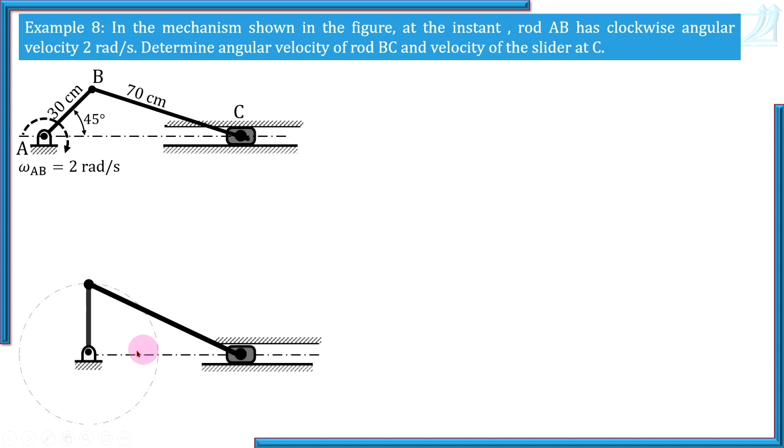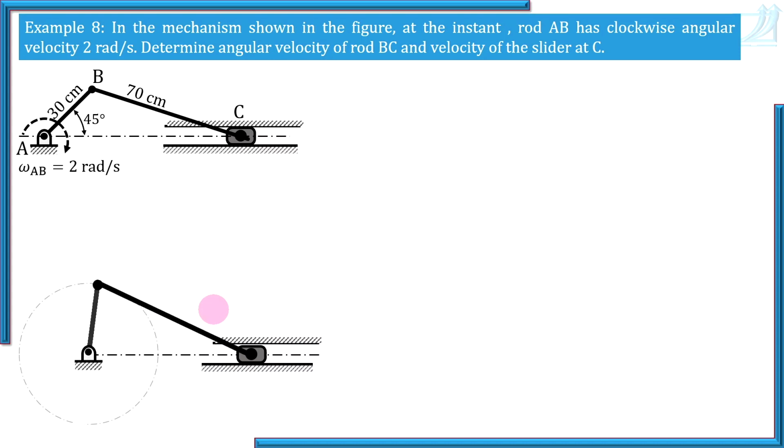Now to make you visualize the motion, rod AB has fixed center of rotation. So rod BC is in rotation also, but its center of rotation is not fixed. So rod BC has instantaneous center of rotation. So how is this problem similar to the earlier problem I said? In this problem also there is only one body in general plane motion.